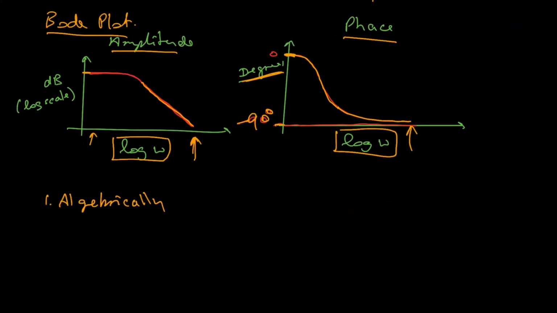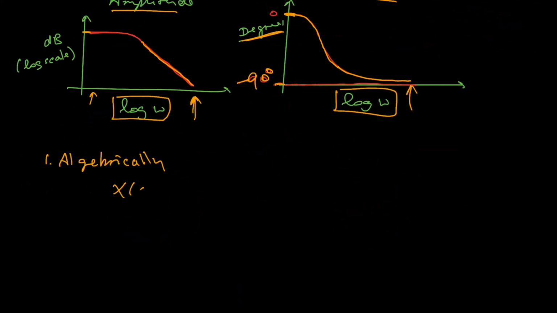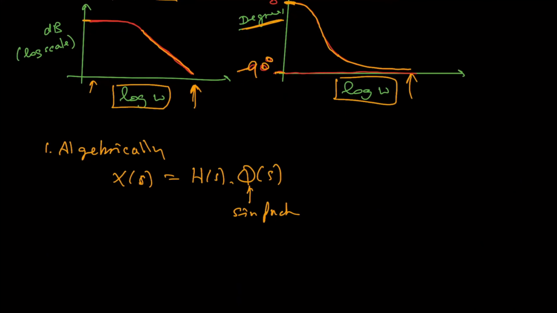The way you do it algebraically, you have your transfer function, H of s, and you literally multiply it by an input, which is a sine function, and you get out X of s. You can do that, and I give an example in the textbook, and it's instructive to follow through, but it's a bit awkward because for a sine wave, Q of s is omega over s squared plus omega squared.